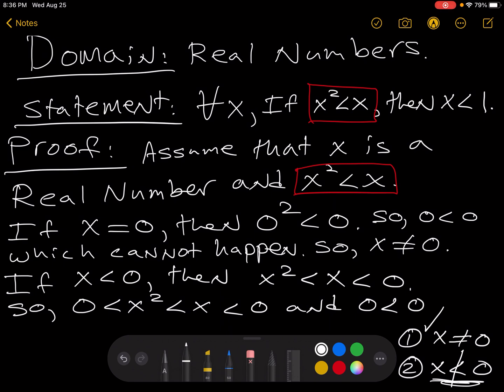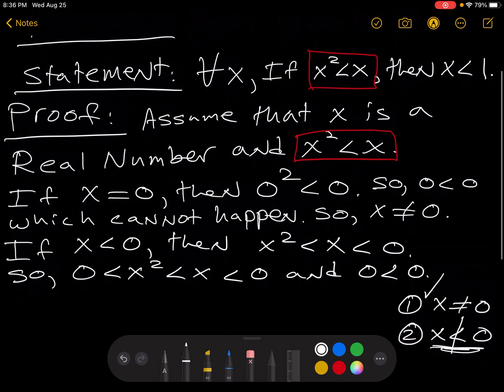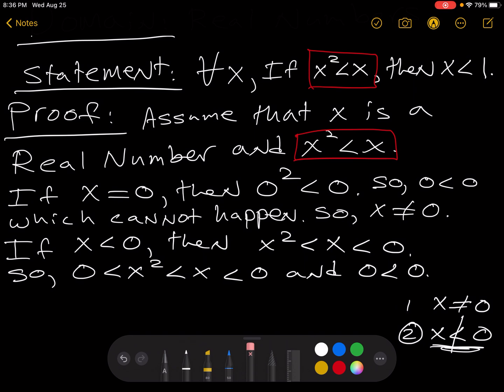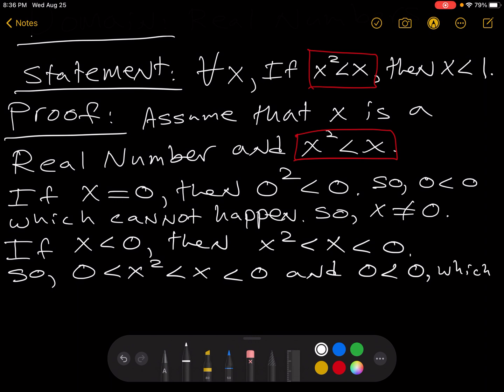And 0 is less than 0 again, which cannot happen. So x is not negative.